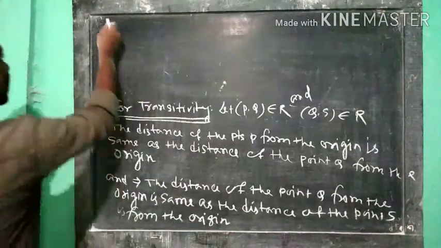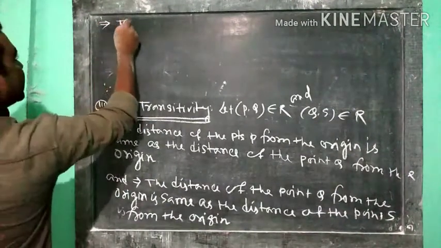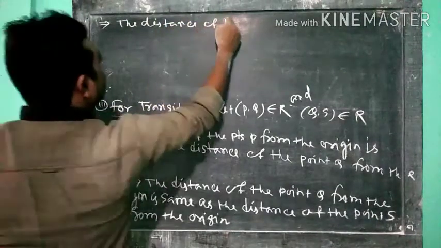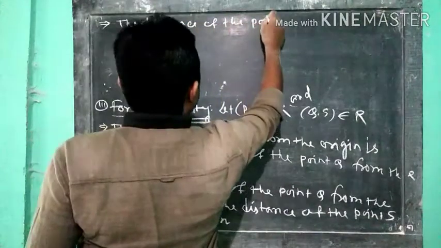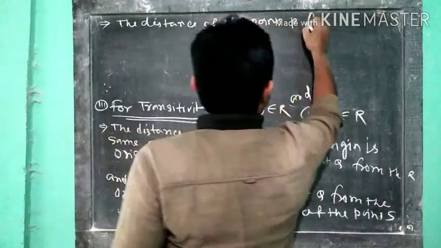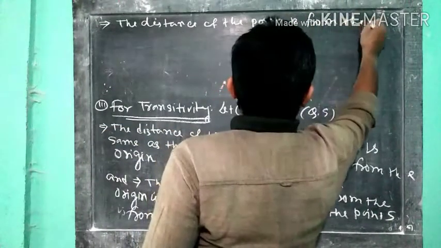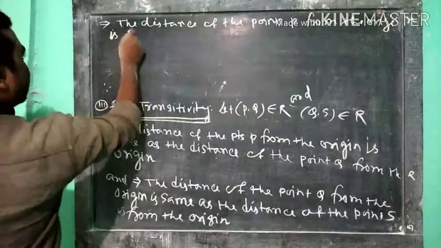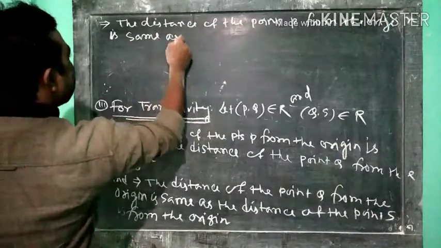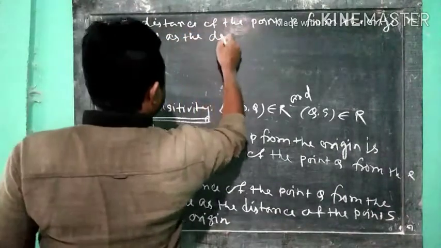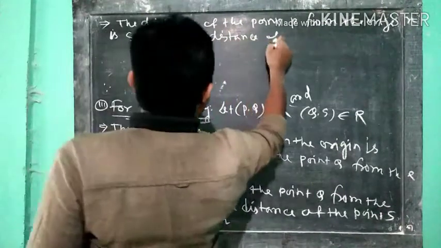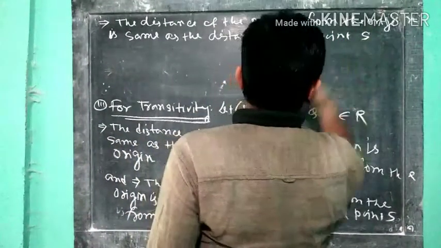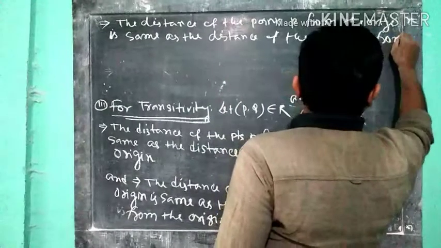From these two we can say that the distance of the point P from the origin is same as the distance of the point S from the origin.